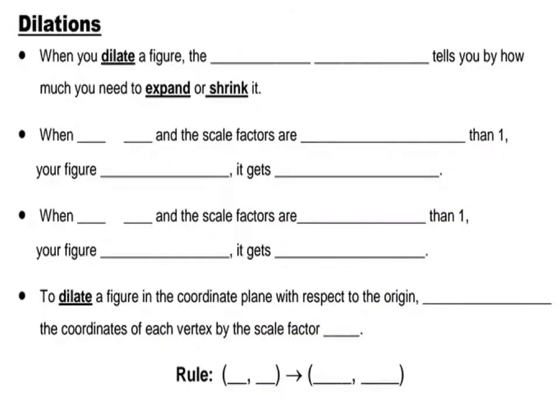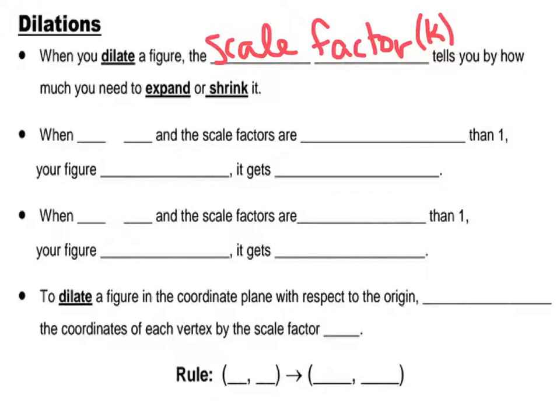All right, the next part are dilations. When you dilate a figure, the scale factor tells you by how much you need to expand or shrink this. Sometimes we use the value k, sometimes we use the value m. For these notes, we're going to use k. It's just the letter that we're using for our dilation or our scale factor.